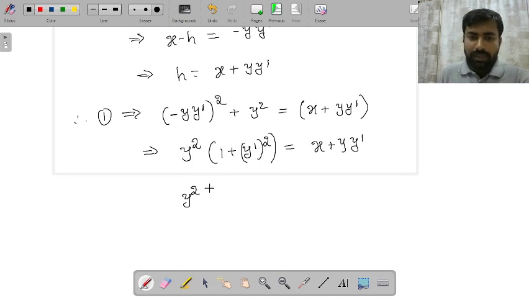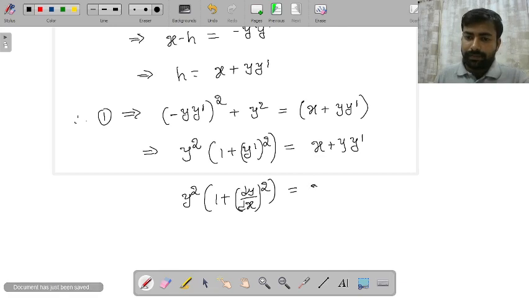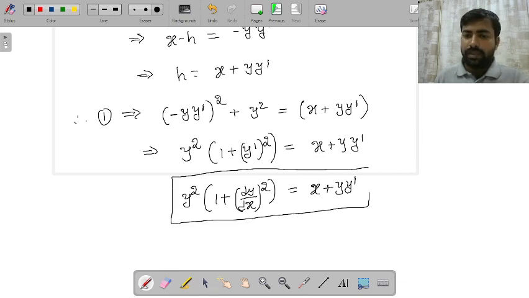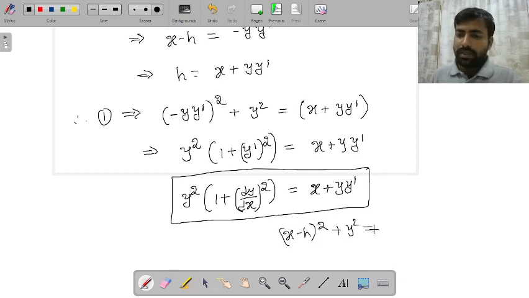So this is y square into 1 plus dy by dx whole square equal to x plus y into y prime. This is the differential equation satisfied by the family x minus h whole square plus y square equal to h square.